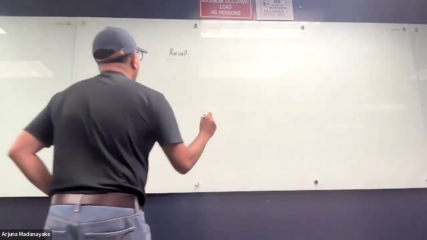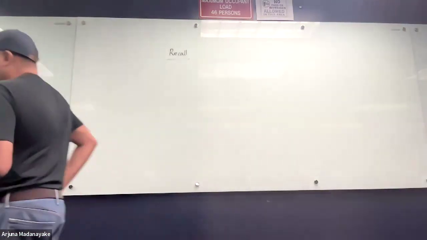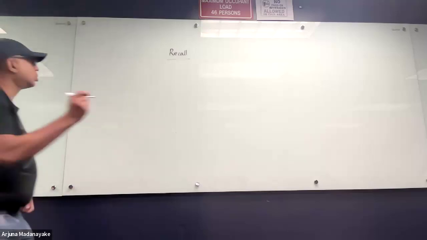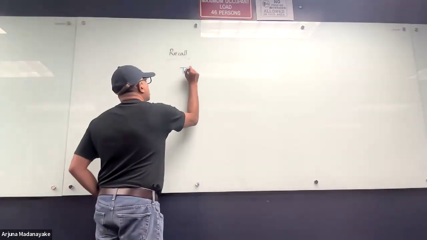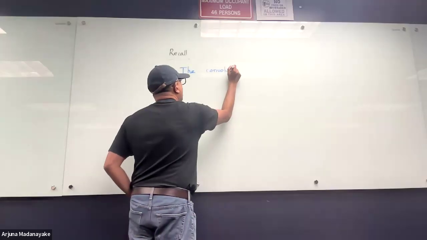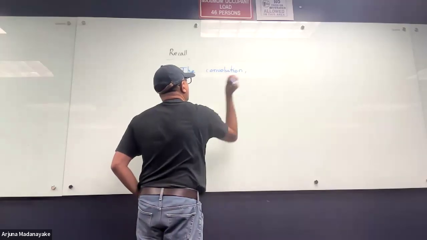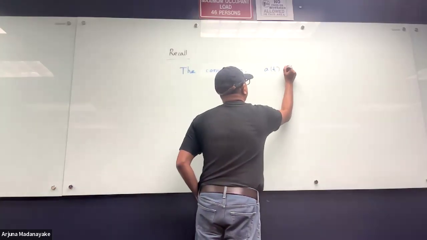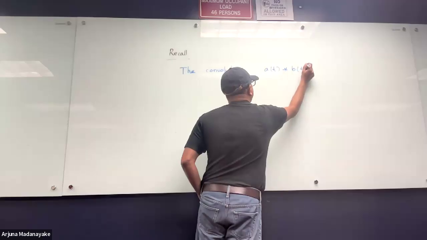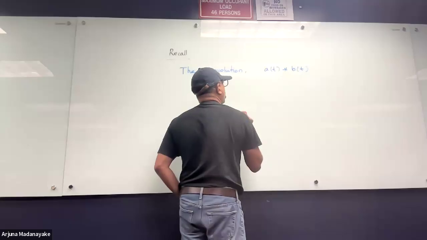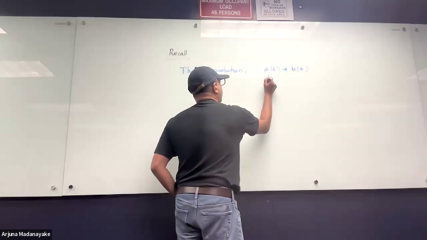So we said that the convolution of two waveforms. Let's say I'm using different notations just to show you how to write it in a general way. So this is waveform one.